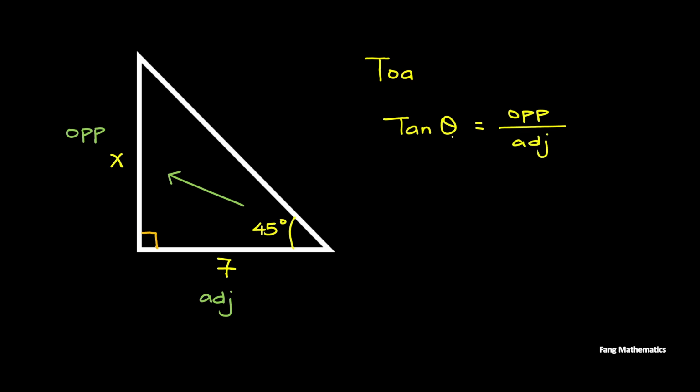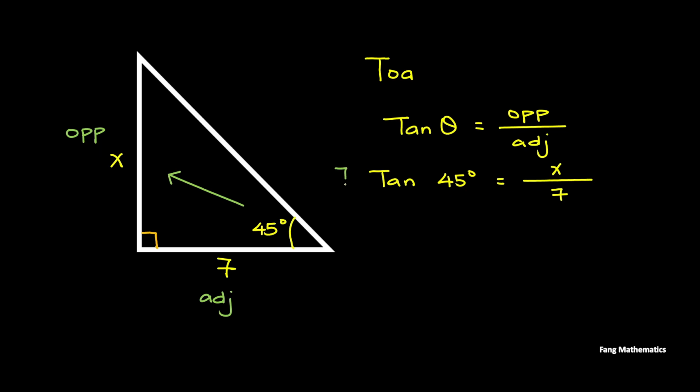We should first substitute theta. It has been given as 45 degrees, is equal to opposite. Your opposite is x, so in place of opposite, you put x over adjacent. Adjacent is 7. We are to make x the subject of the formula and solve.